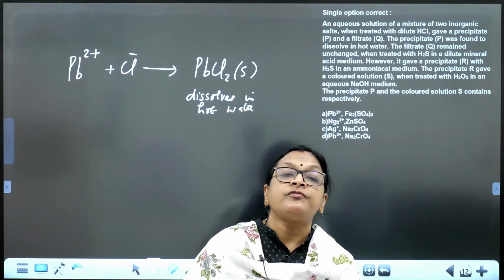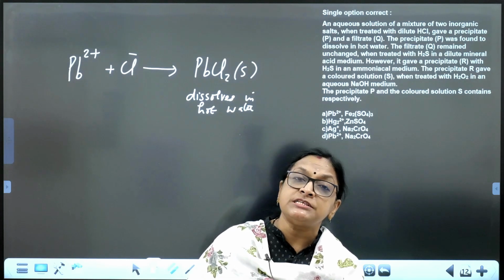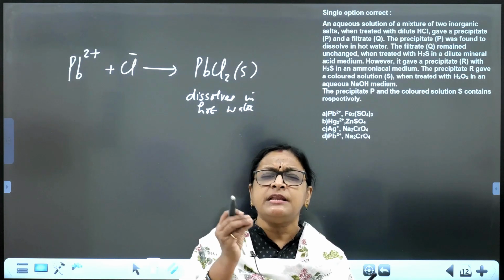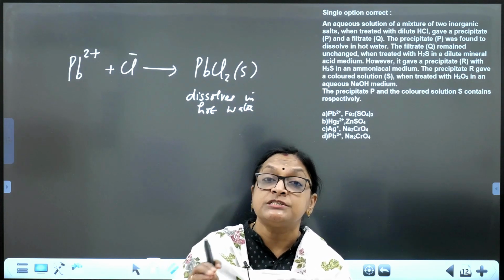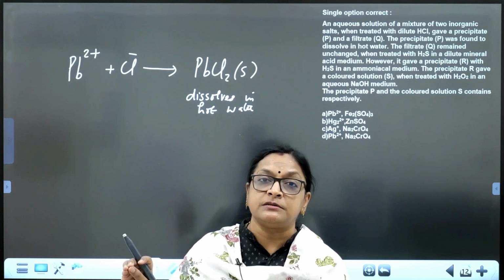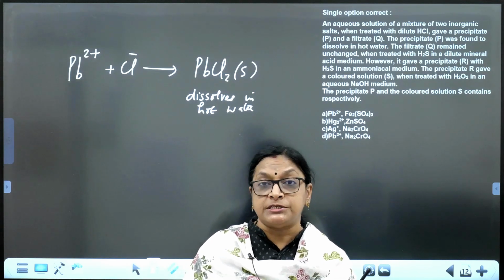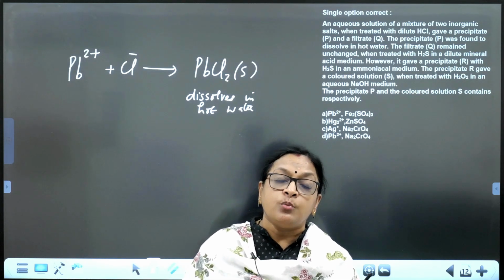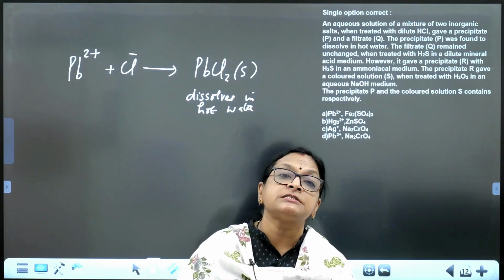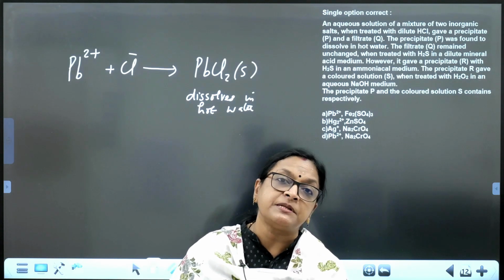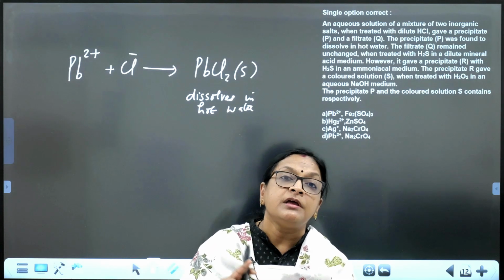In presence of dilute HCl, a common ion, the ionization of H2S is suppressed and only very few sulfide ions will be produced, which is enough to precipitate just group 2 cations if present. Cu2+ is a well-known example, where copper sulfide immediately gets precipitated as a group 2 cation. Whereas in this particular inorganic salt, this cation is not precipitated when the group 2 reagent is added. Very clear that it is not a group 2 cation.